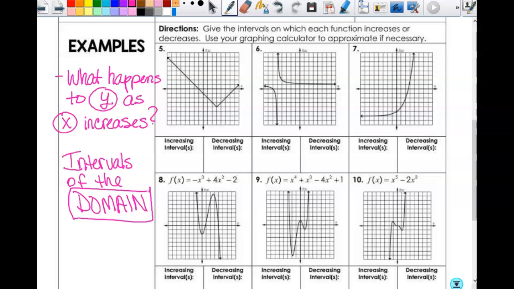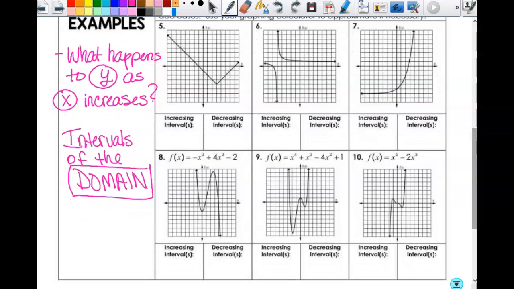I've moved from left to right, right? Moving along here. The y values are so the y values decrease. Now here, make sure you're doing the right thing.